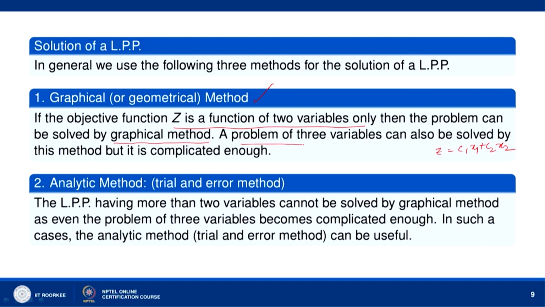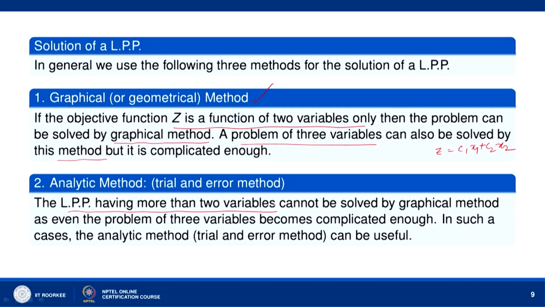A problem of three variables can also be solved by this method, but it is very complicated. So, when we have a problem of two variables, we can find the optimum value of z by using the graphical method.